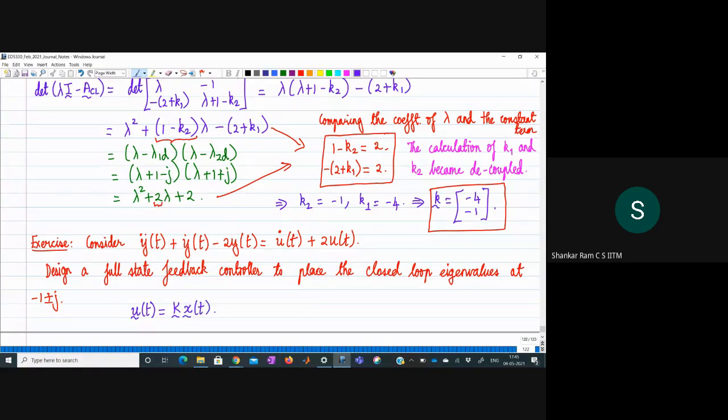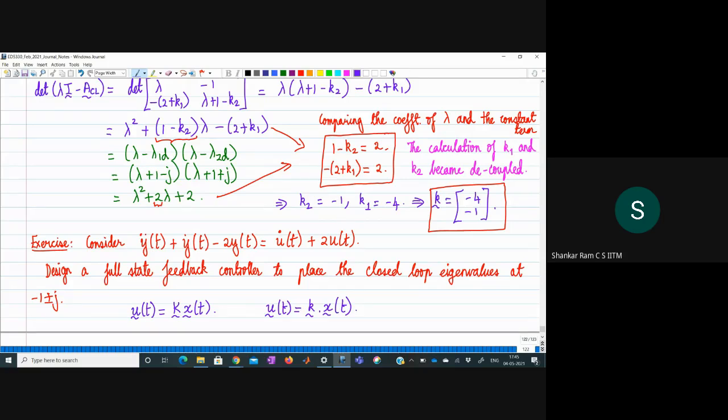The full state feedback essentially proposes a control equation like u of t equals k times x of t for a MIMO system, or k dot x of t for a SISO system. Now, if you have to implement it in real life, we need knowledge of the state vector x at each and every instant of time.